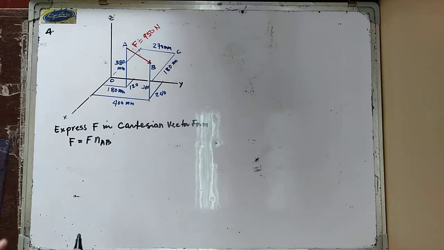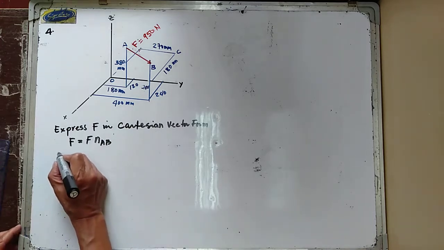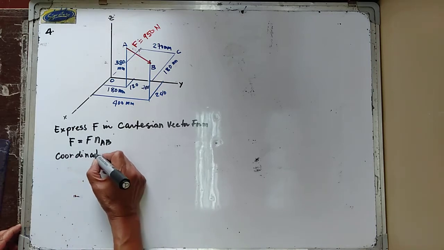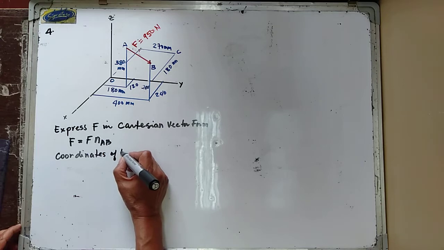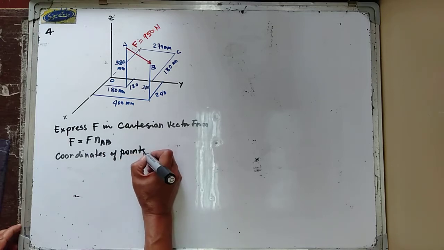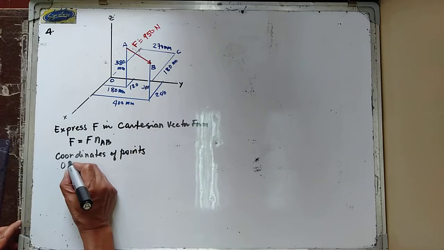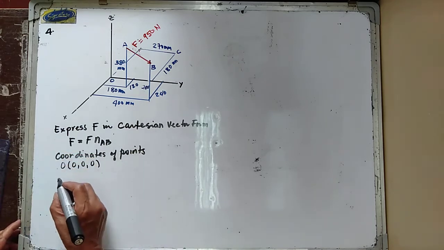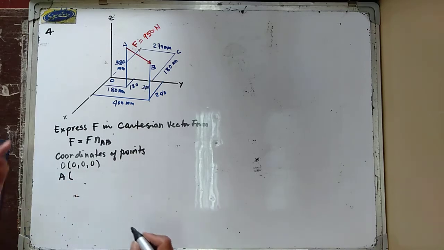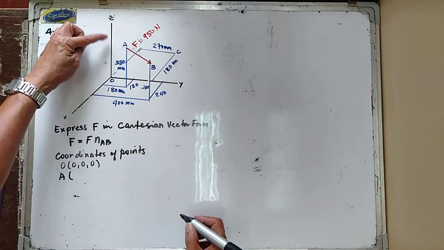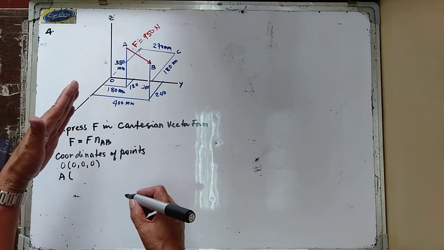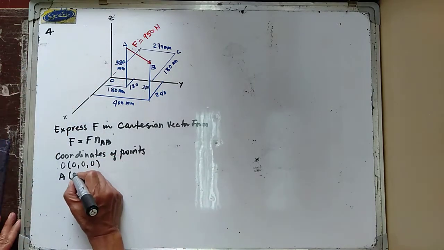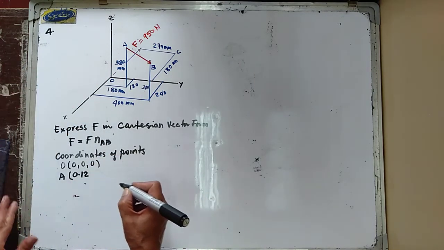So let us try to determine the coordinates of the different points. Of course, the origin is 0, 0, 0. And then we now have your point A. So your x-axis is 120 mm, or that is 0.12 meters.